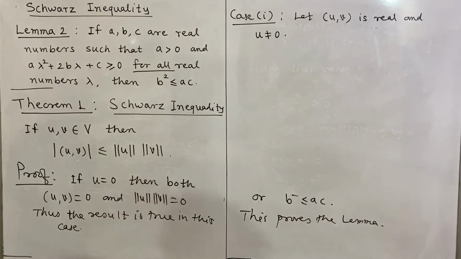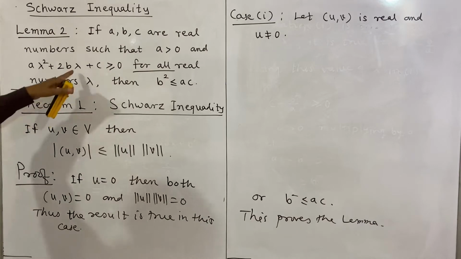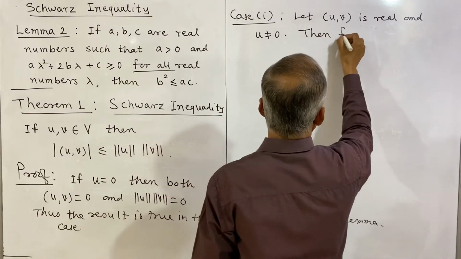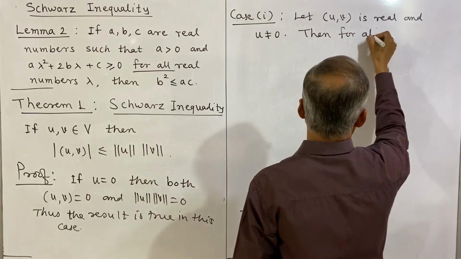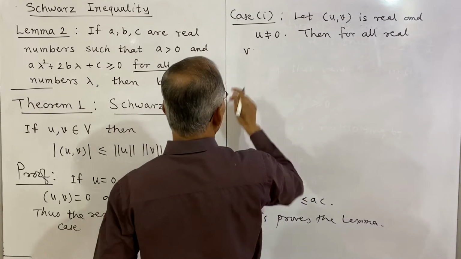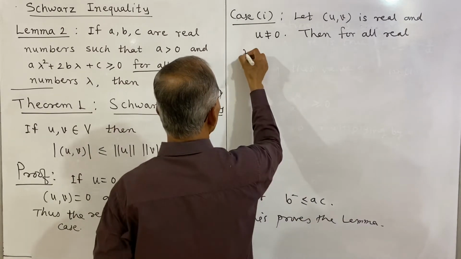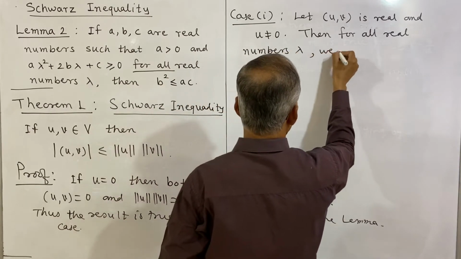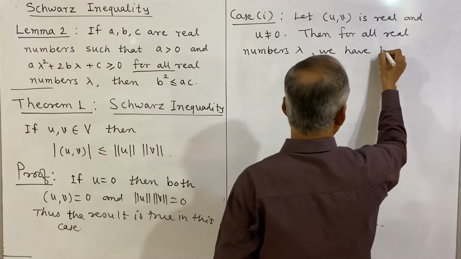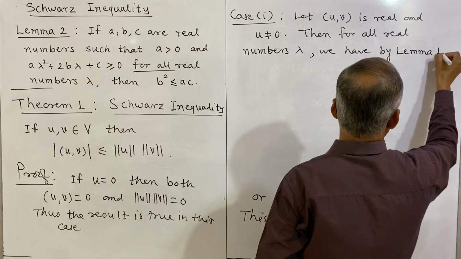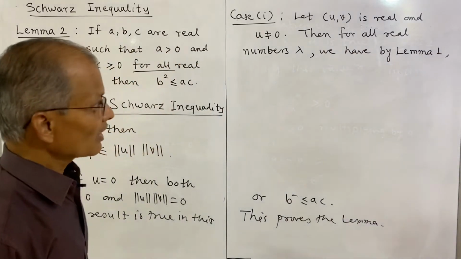Here we will consider all real values of lambda. Then for all real numbers lambda, we now use our lemma 1, and the non-negative property also.